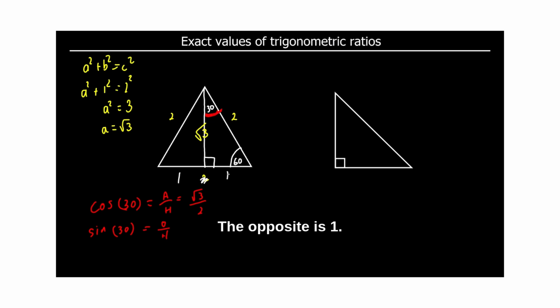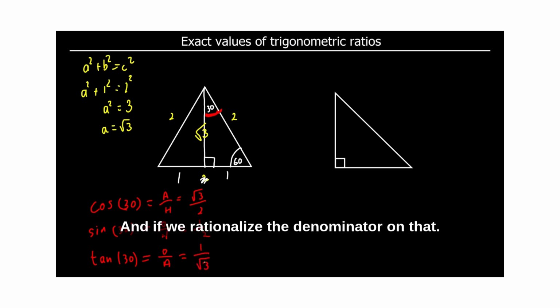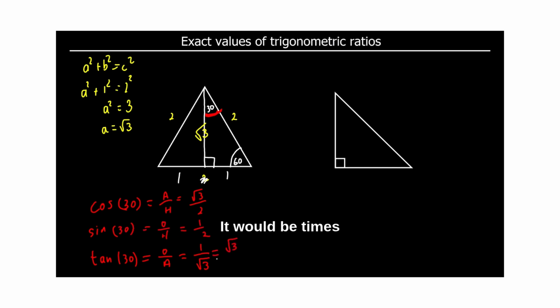The opposite is 1. The hypotenuse is 2. So sine 30 is a half. And tan 30 is TOA. Opposite over adjacent. The opposite is 1. The adjacent is square root 3. That's 1 over square root 3. And if we rationalize the denominator on that, it would be timesing top and bottom by root 3, square root 3 over 3.